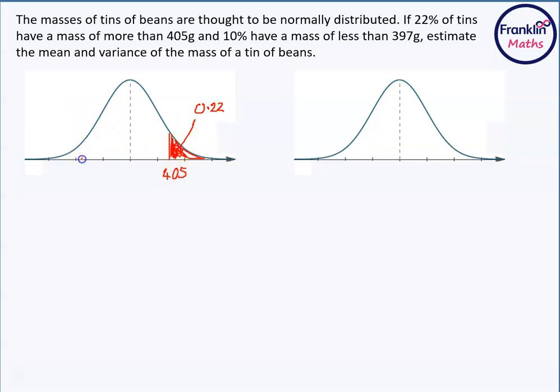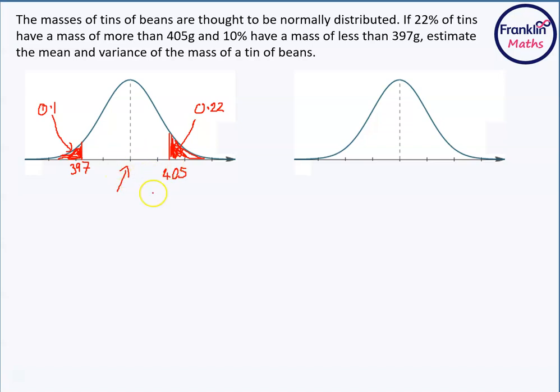And over here, this tiny little chunk, again I'm rubbish at drawing these to scale, that is 0.1, and that is 397. Now we're looking for a number between these two to find the mean.